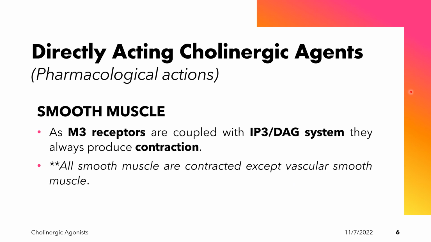So cholinergic activation of the muscarinic receptors on the vascular endothelial cells will increase nitric oxide, which diffuses to adjacent vascular smooth muscle cells, resulting in smooth muscle relaxation and vasodilation.